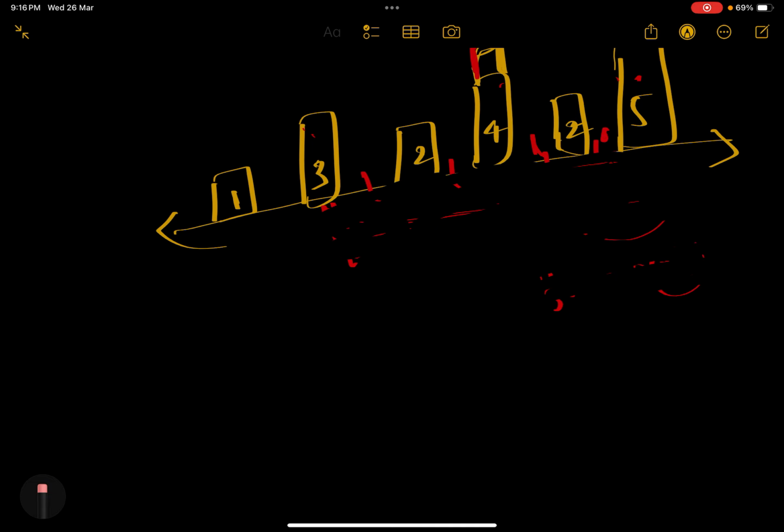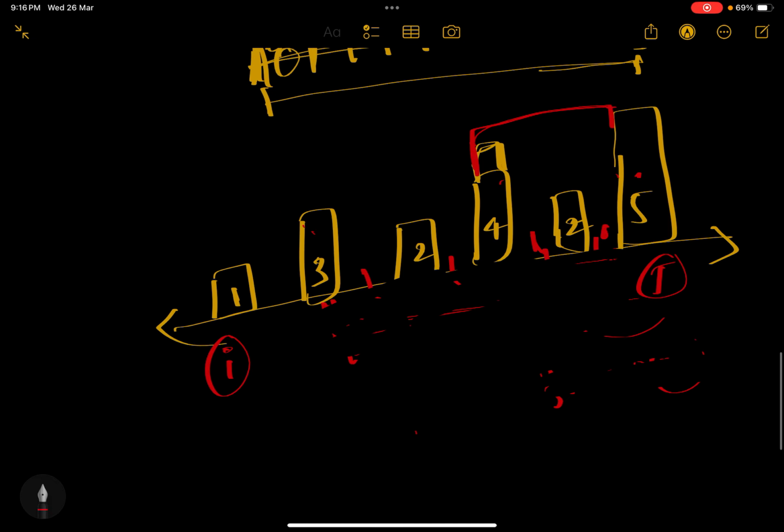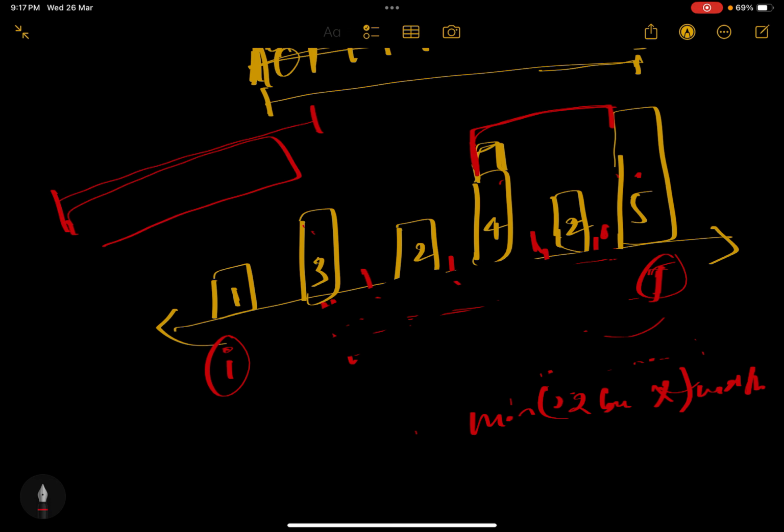So now let's move forward with what I was telling you. So I will start from here only and j from here only. So I will calculate the area for these two buildings. How can I calculate? Minimum of both buildings into width, as the heights were given in the array.